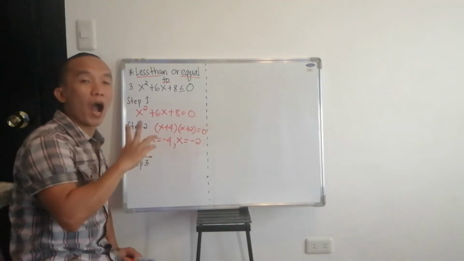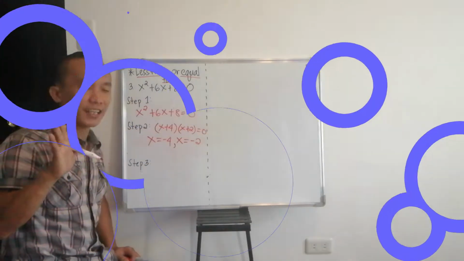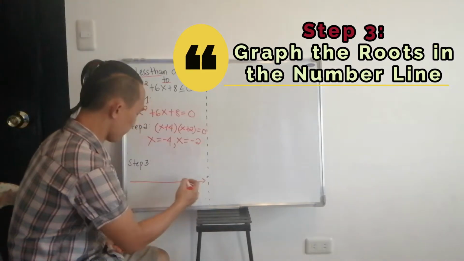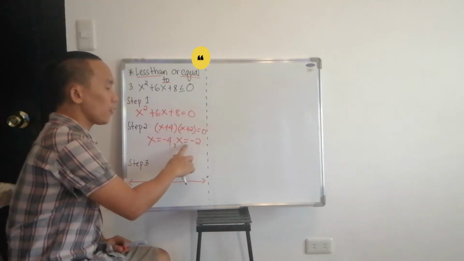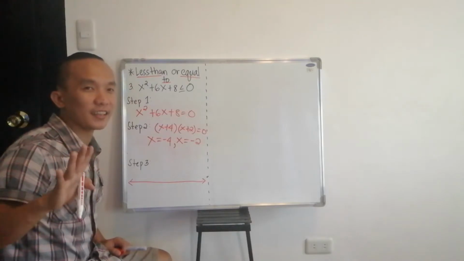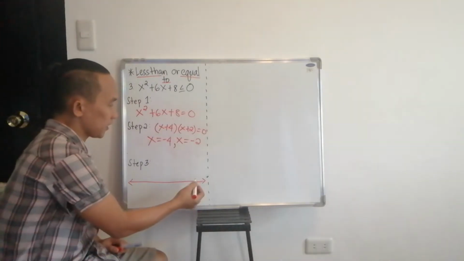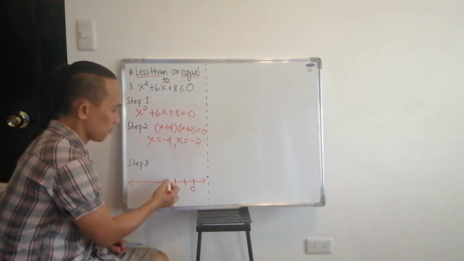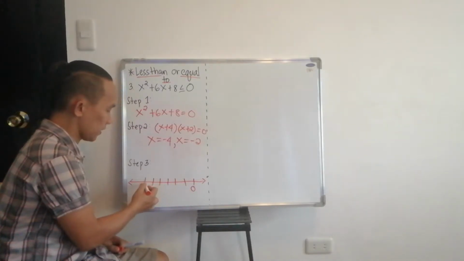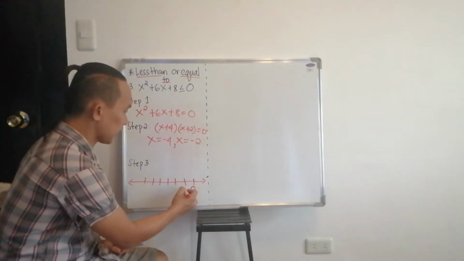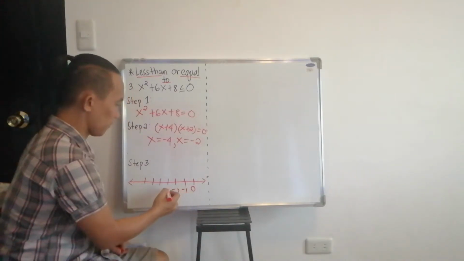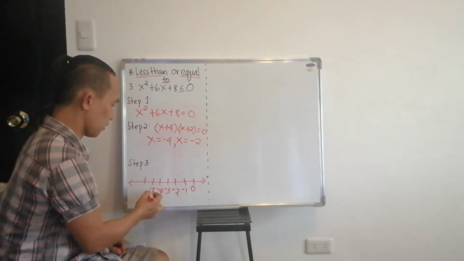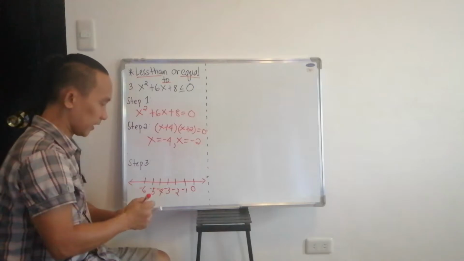This is now our boundary for our graph. So, we will now draw our graph. Since our roots are all negative, I will not write the positive numbers anymore. I will start with 0, 2, 3, 4, 5, 6, and then negative 1, negative 2, negative 3, negative 4, negative 5, negative 6.